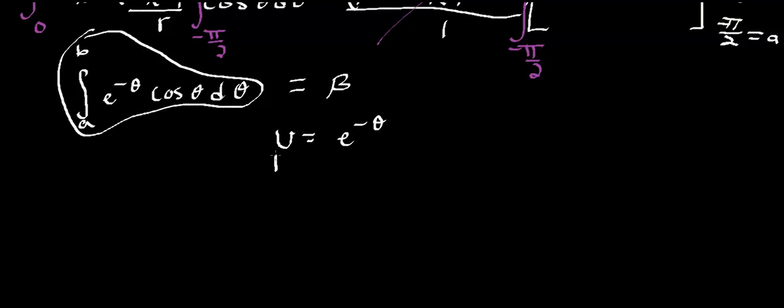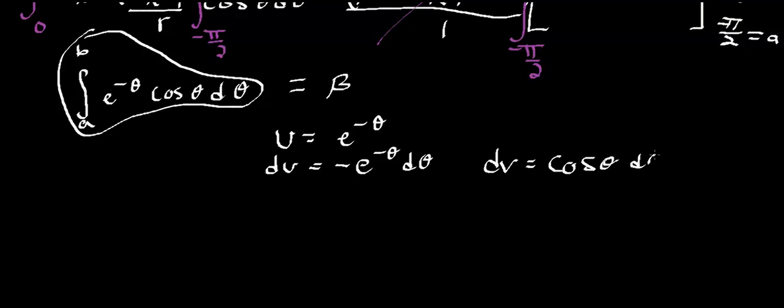That means du, if we take the derivative of this, is negative e to the negative theta d theta. Our dv is therefore cosine of theta d theta, and so if we integrate that, v is equal to sine of theta.